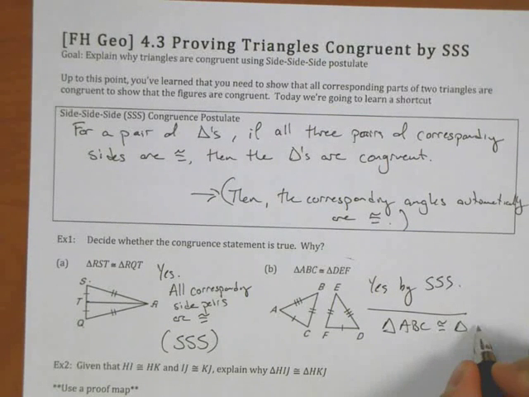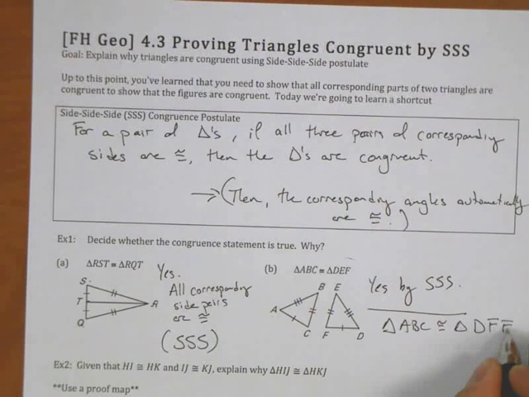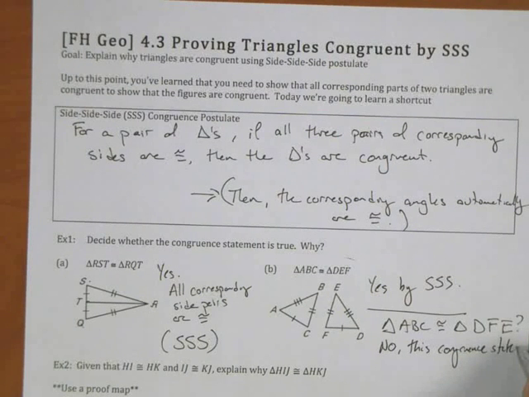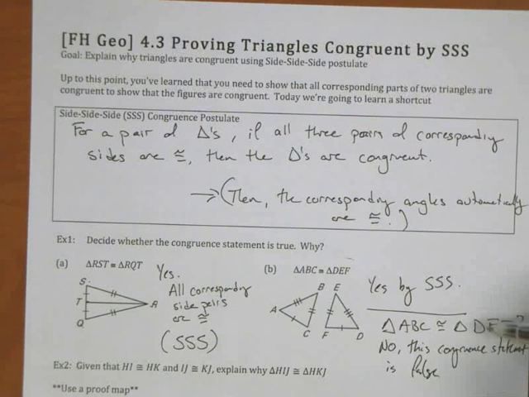Now, if you wrote this congruent statement a different way, maybe instead you wrote triangle ABC congruent to triangle DFE? Well, no. This congruent statement is false.